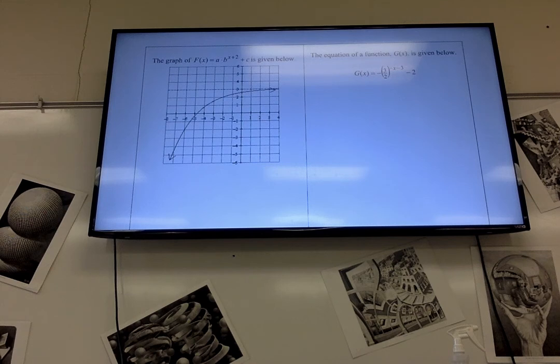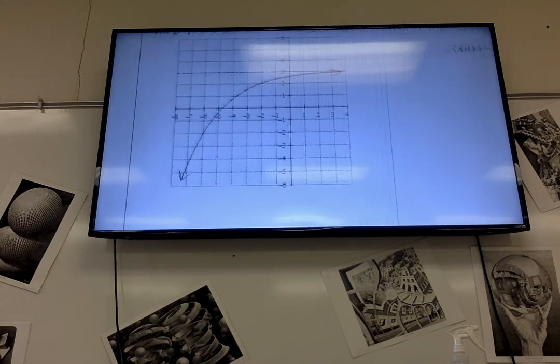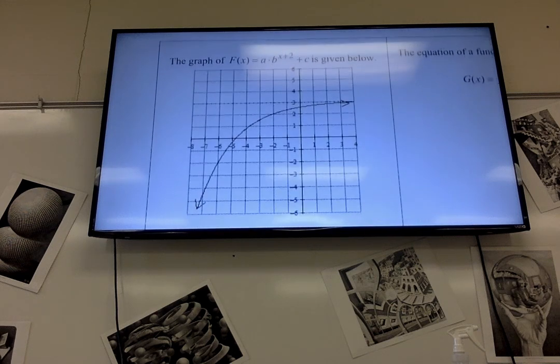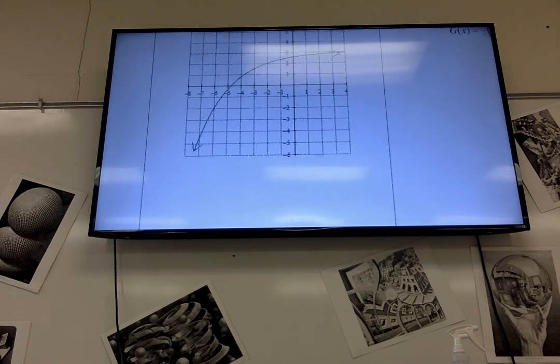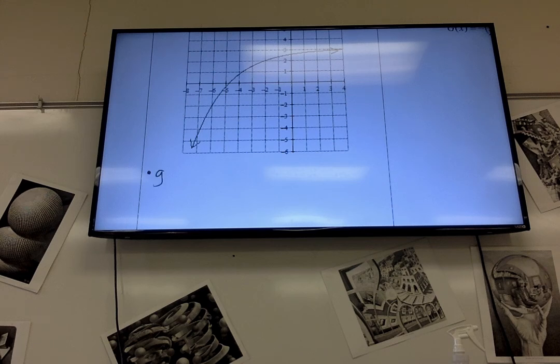Same thing with a graph. So tell me something you know just from looking at the graph. It's growth. Okay, this is a growth function because it's going up.